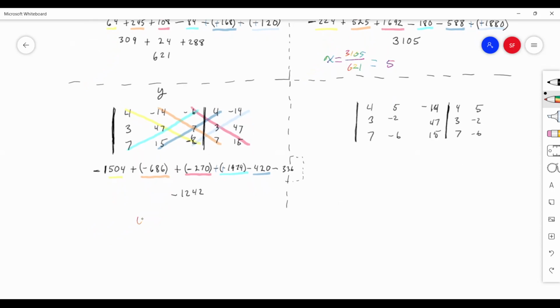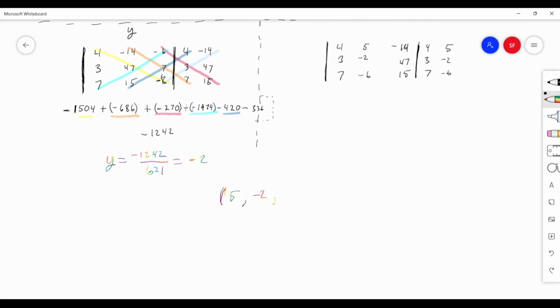And then to do y, we would do negative 1,242 divided by 621. And it's going to be easily negative 2. So our answer is going to be the ordered pair 5, negative 2. I'll go ahead and give you the last one. You can check this as a part of your homework if you want, or you can just do your homework, either one.